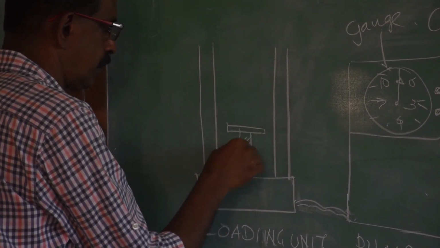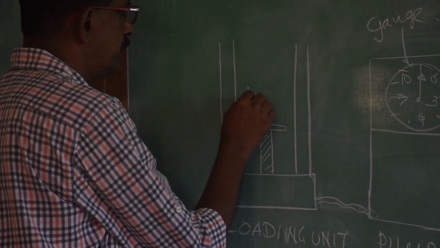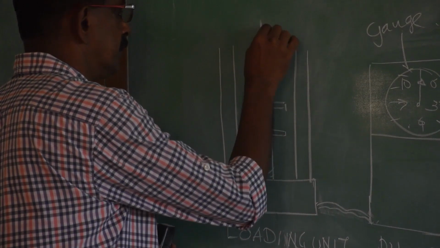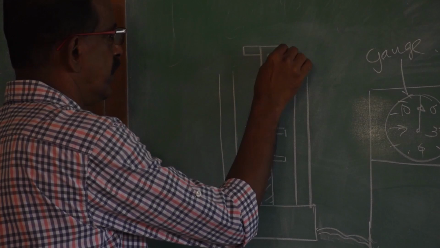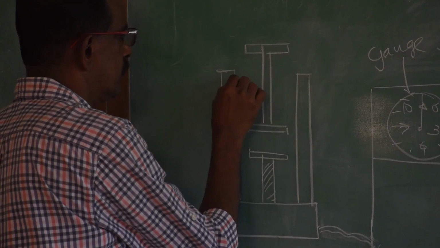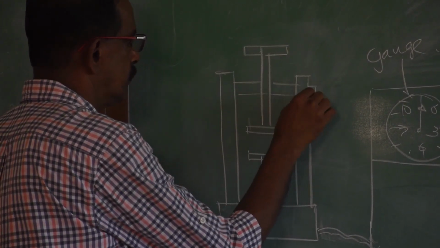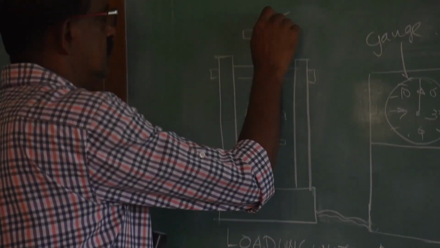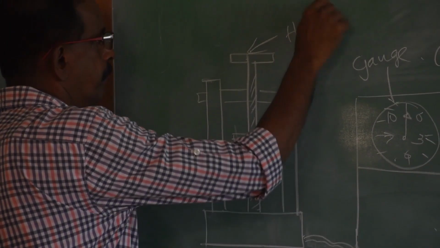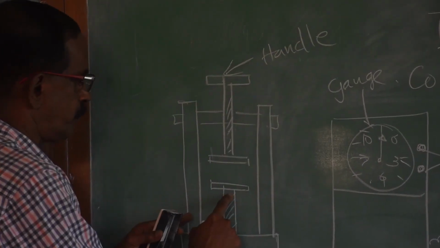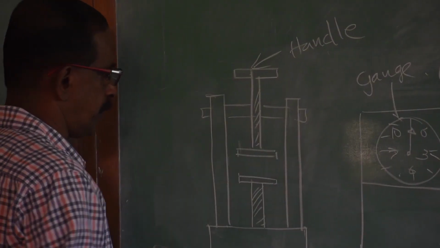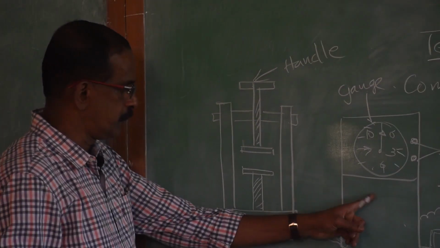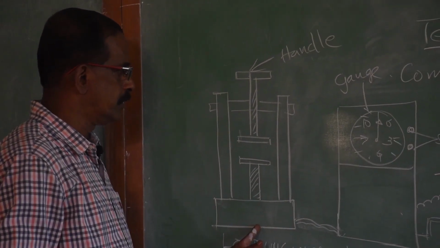This is the lower loading platen and an upper loading platen with a handle at the top. So this is the setup, this is the handle, this is the lower platen, this is the upper platen. So this is the apparatus, a pumping unit and a loading unit.